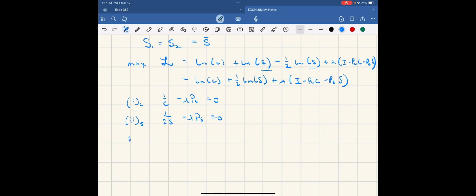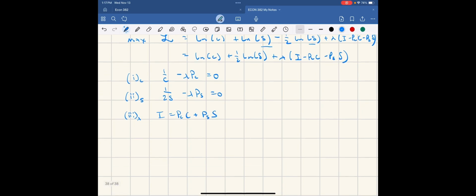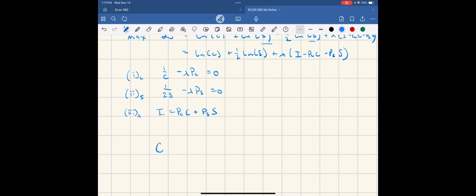And then we get our third first order condition with respect to lambda, which is our budget constraint. And so now when I solve for the socially optimal amount of C, I get 2I over 3PC. And the socially optimal amount of S is equal to I over 3PS.